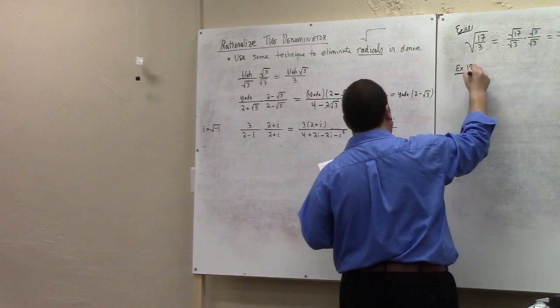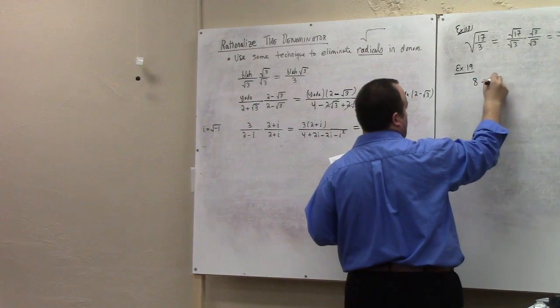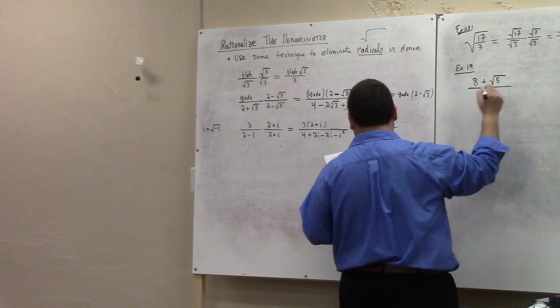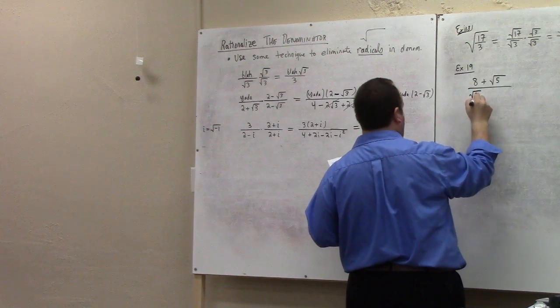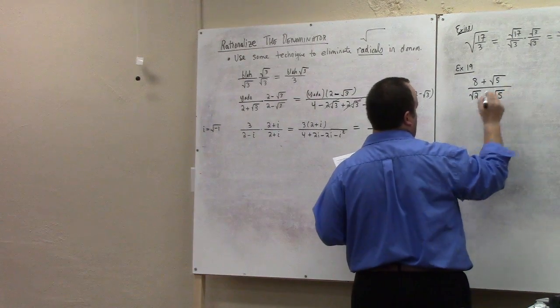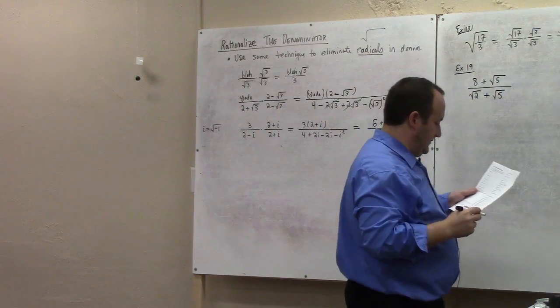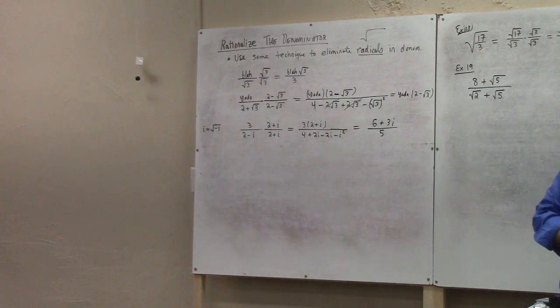Exercise 19. We have 8 plus the square root of 5 divided by the square root of 2 plus the square root of 5. Now this one's a little different. Oh man, I have failed to anticipate a pattern. Curses.